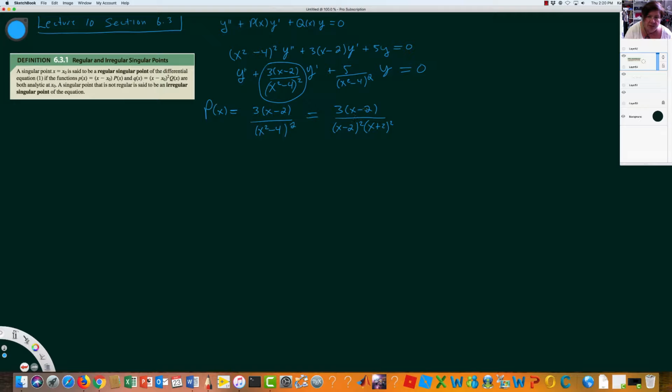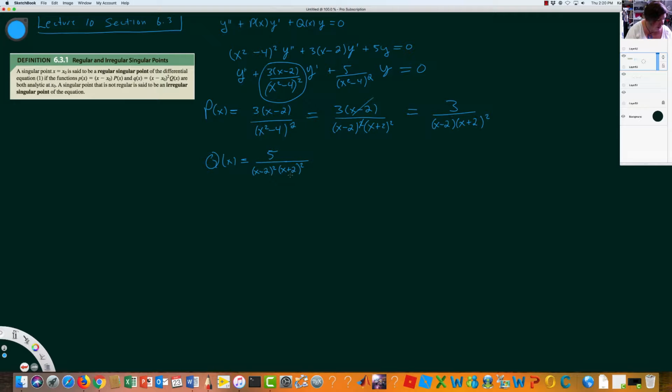We can cancel one of these out, and p of x finally is 3 over (x minus 2) times (x plus 2) squared. What about q? Q is equal to this here, and I can factor it into 5 over (x minus 2) squared (x plus 2) squared.